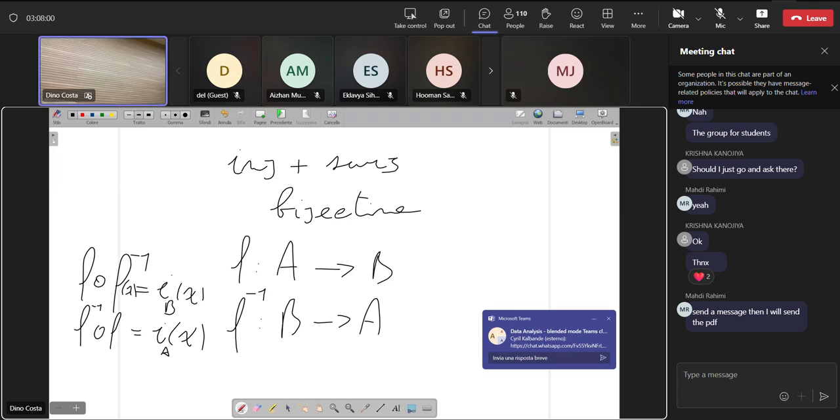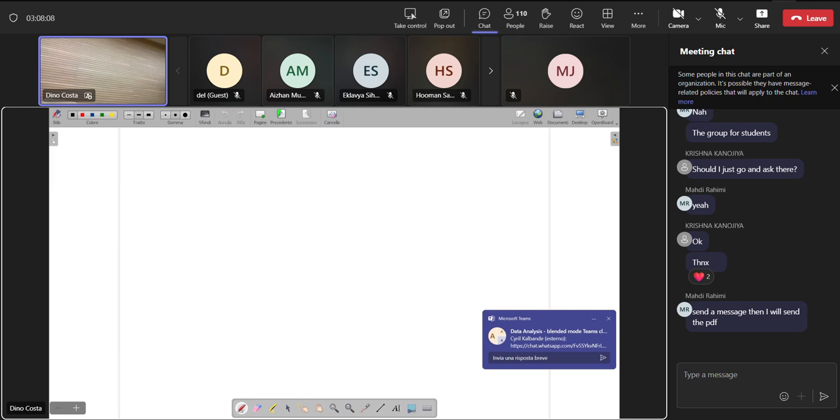One example. So I try to write an example. We consider f of x equal to 2x, okay? A simple function, from the natural numbers into the natural numbers.